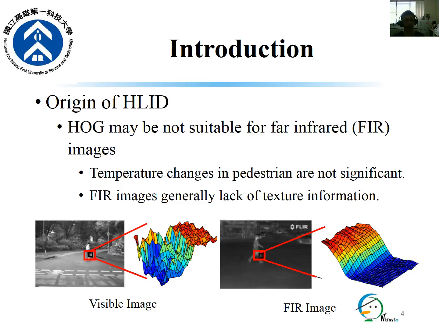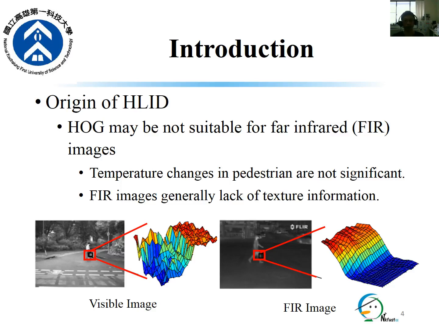However, HOG may not be suitable for far infrared images because of two factors. Firstly, compared to visible images, temperature changes in pedestrians are not significant, so the intensity distribution of a far infrared image is smaller than that of a visible image.